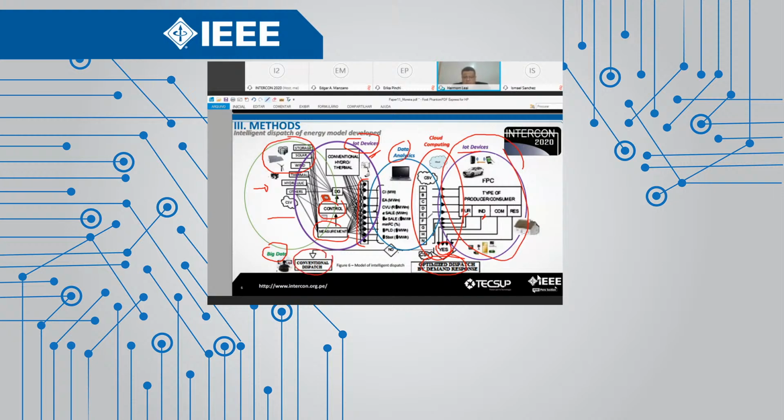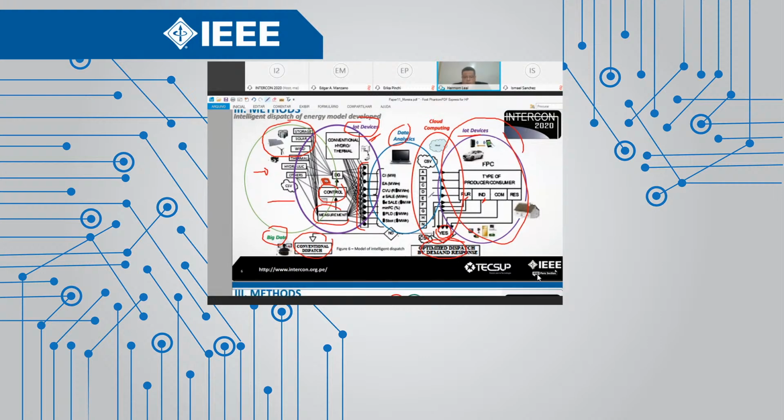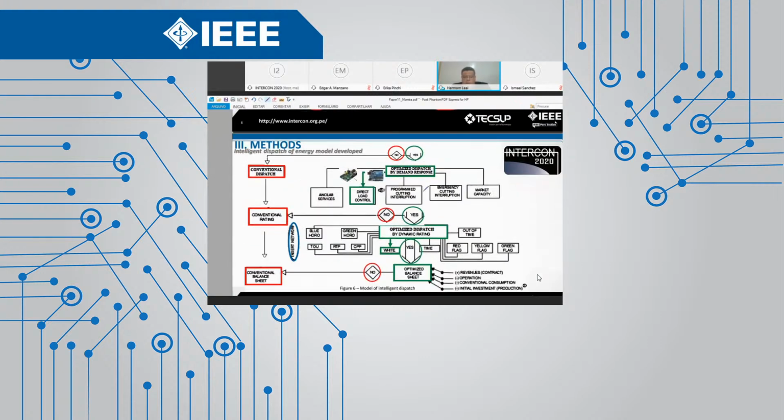The next figure shows how it proceeds. For example, in the method of our intelligent dispatch model, we use direct load control, right?